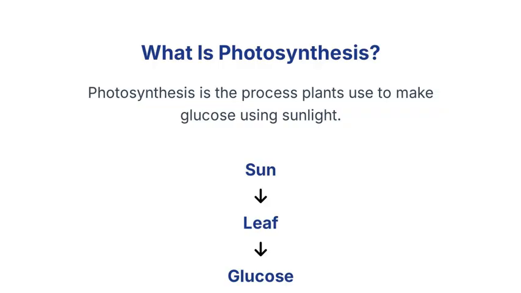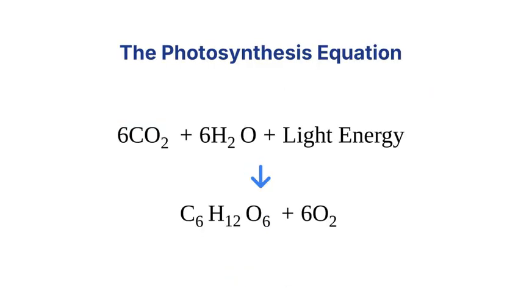But that's another video. Okay, so the photosynthesis equation is CO2 plus H2O plus light energy, and that gives you glucose, C6H12O6, and oxygen.